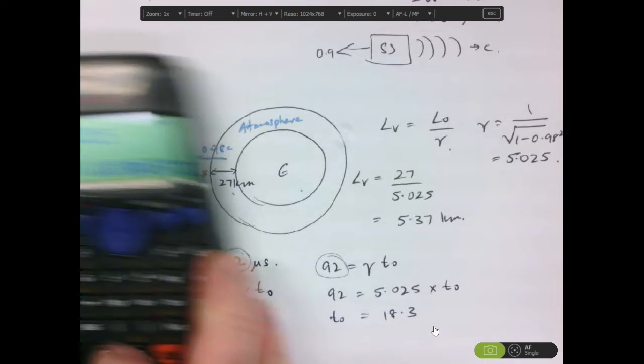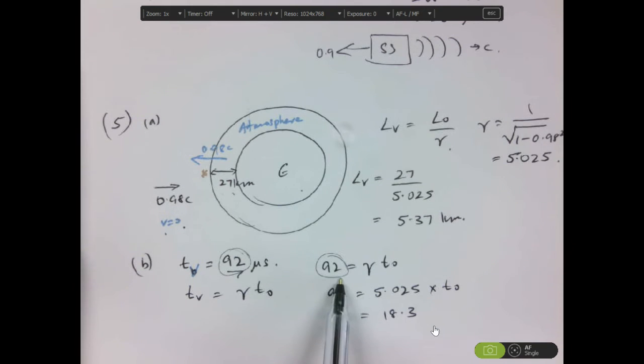Now, remember, units are important here. That was microseconds, so T naught is also in microseconds. So according to the muon, its decay happens after 18.3 microseconds, but we measure it at 92 microseconds, because this one here is assuming that it is stationary, and this is the value from its reference frame.